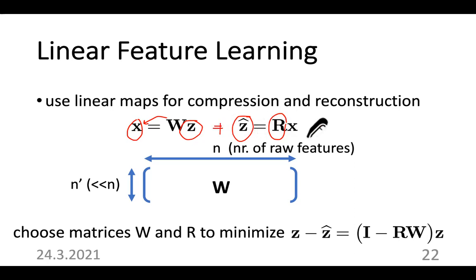In general, we will not be able to perfectly reconstruct the long raw feature vector. So there will be some error. And what linear feature learning methods do, in particular PCA, they find or compute the compression matrix W and reconstruction matrix R, such that this error here, measured in the squared Euclidean norm, is minimum.